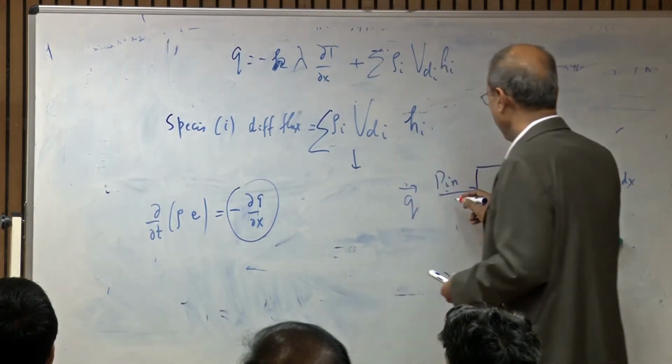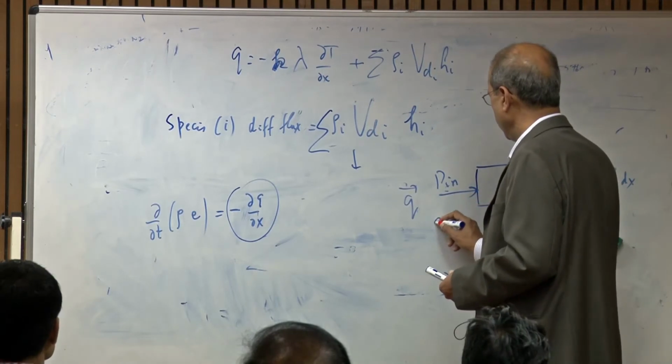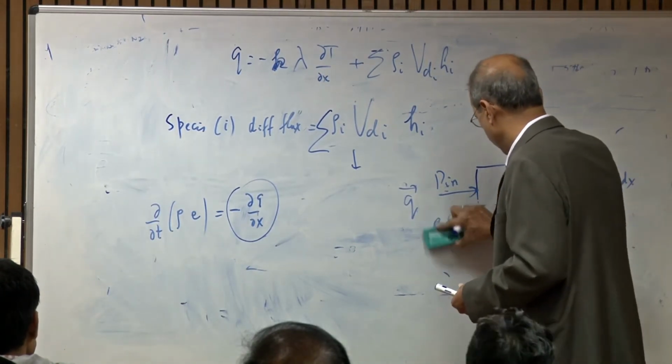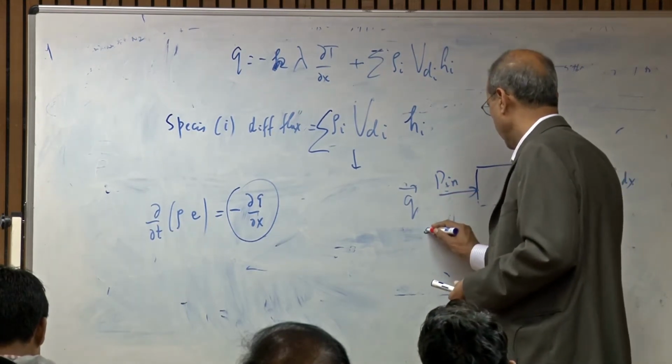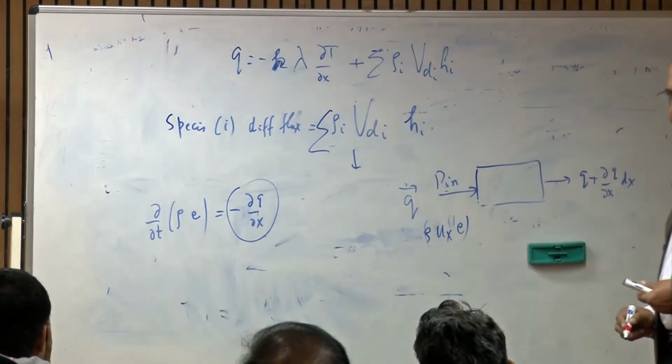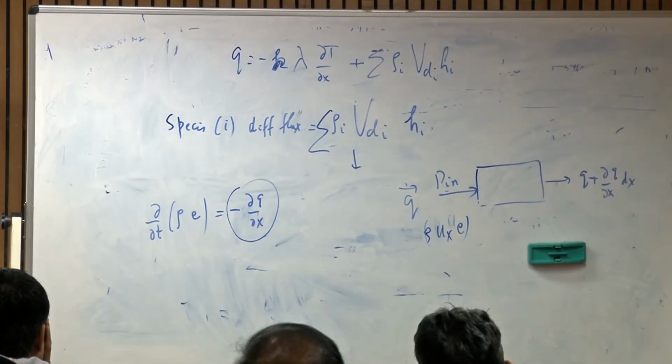What I forgot here is the energy E times the mass flux, rho u_x times E. That's the energy flux due to the convection.